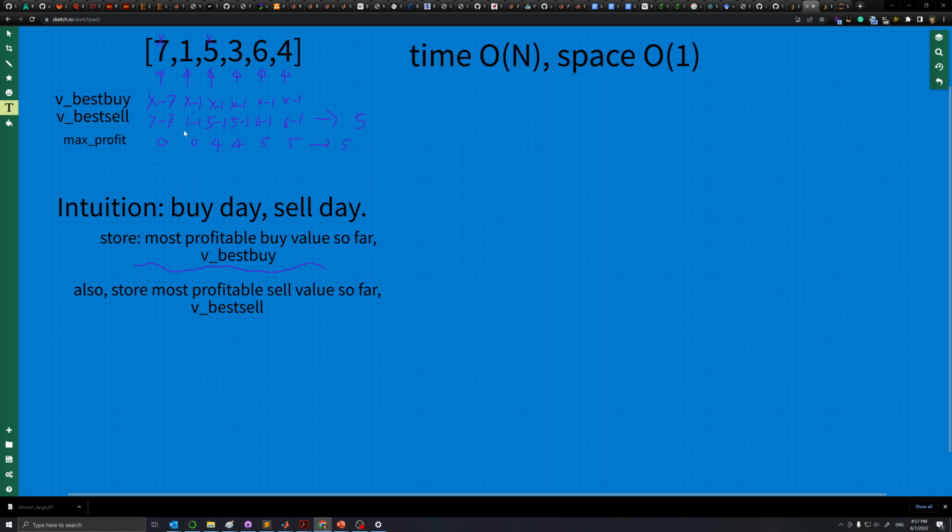So we need to express why this is 1 minus 1 instead of 7 minus 1. Why this best sell is 1 here, because we need to put an if condition, right?